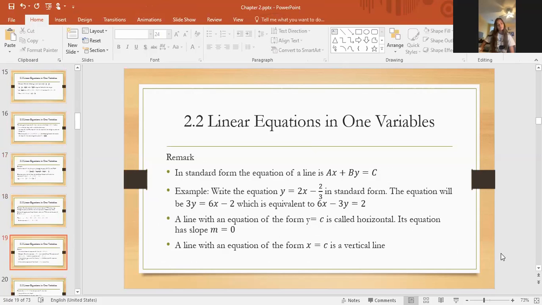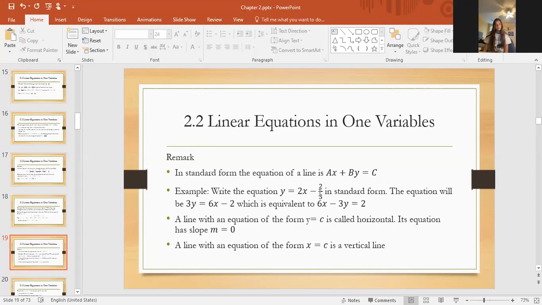A linear equation, in general, is expressed as ax plus by equals c. But whenever you have an equation like that, you can always transform it into the standard form y equals ax plus b. So for example, if we have the equation y equals 2x minus 2 over 3, that equation could be changed using cross product.